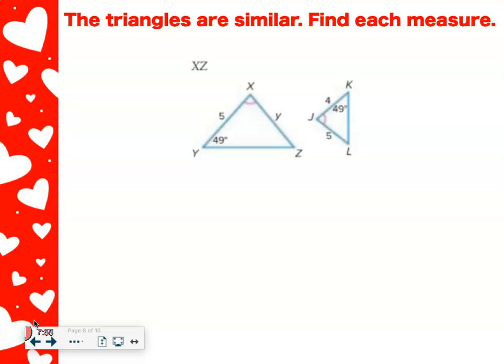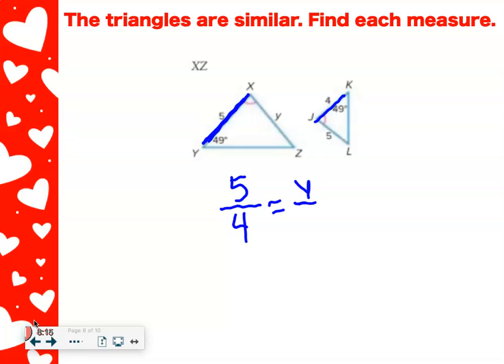Find XZ. So what's the proportion I can write on this one? 5 is equal to 4. So this 5 matches which one? 4, yep.